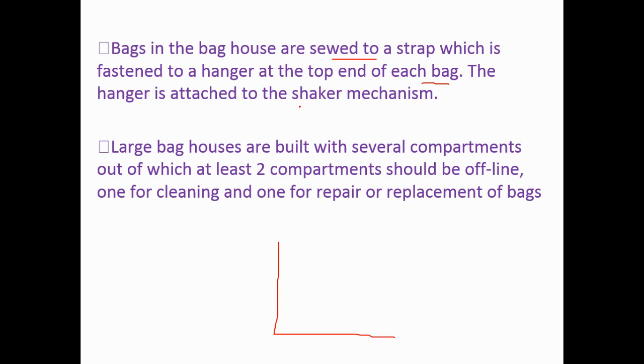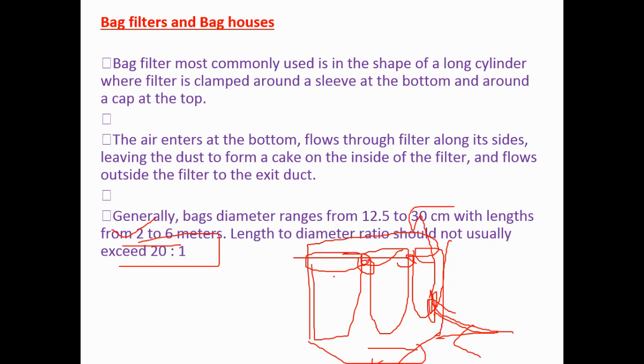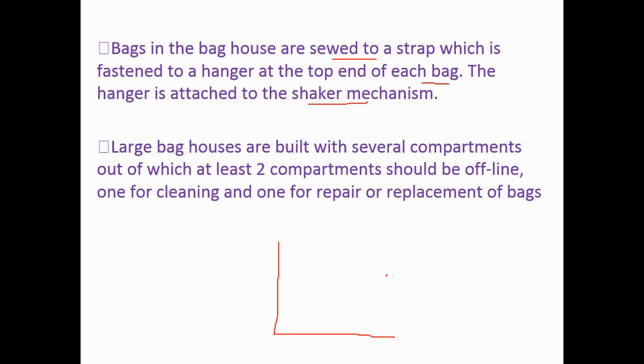This hanger is also used for attaching the shaker mechanism, and a mechanical shaker attached here shakes the bag filters simultaneously, all the bags in the house at the same time.